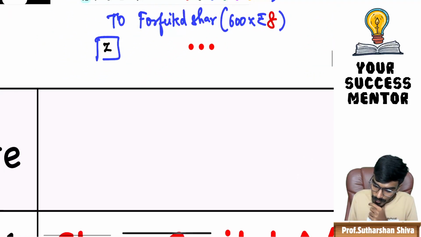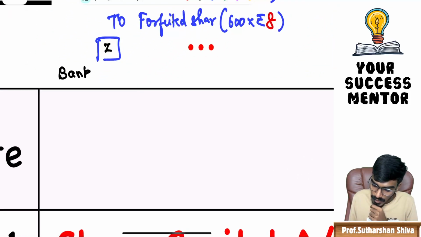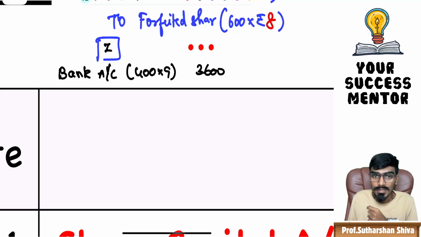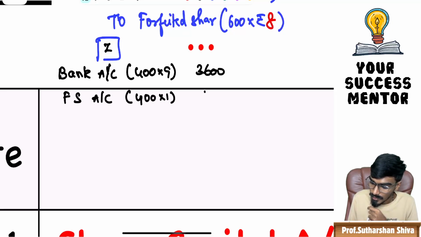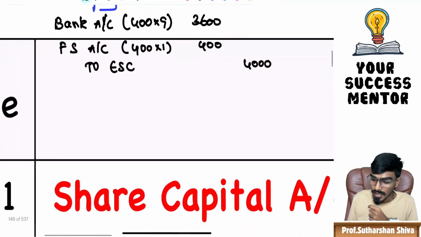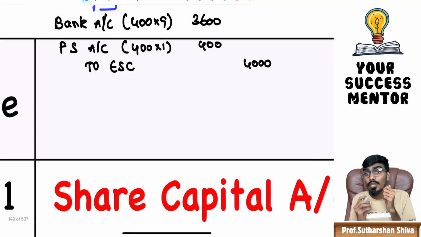So the bank account will be debited with 400 into 9, which gives you 3,600. On forfeited shares I'm making a loss of 400 into 1 rupee, 400. Credit equity share capital 4,000. Correct?